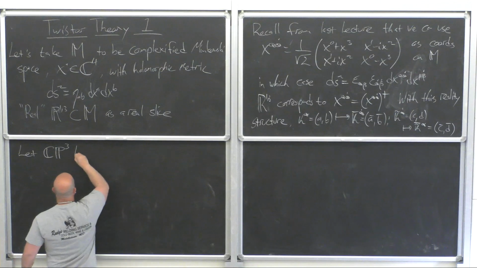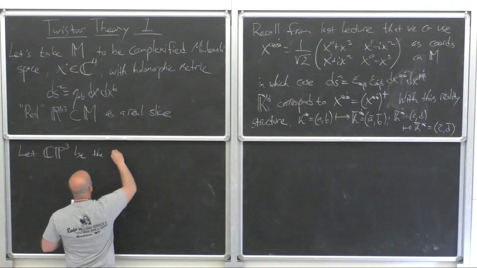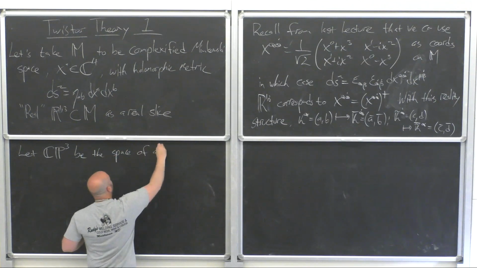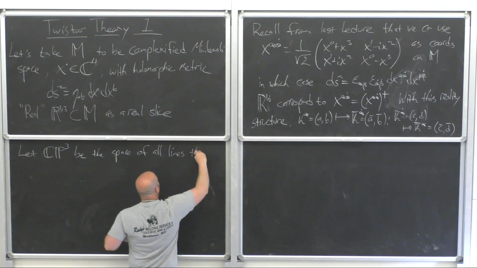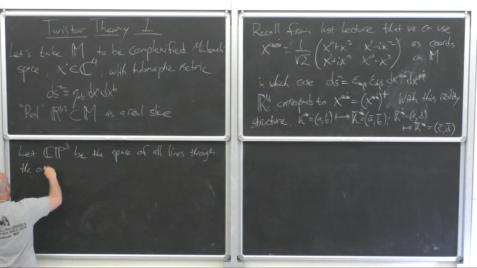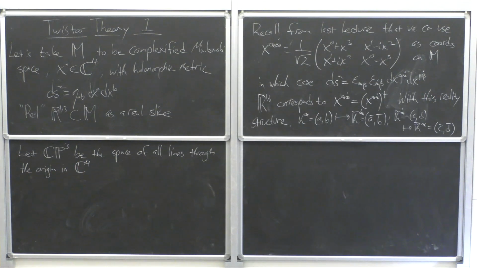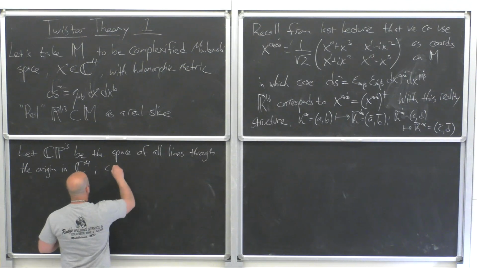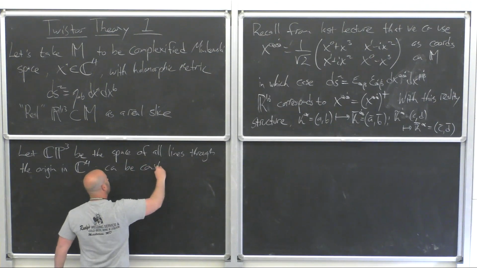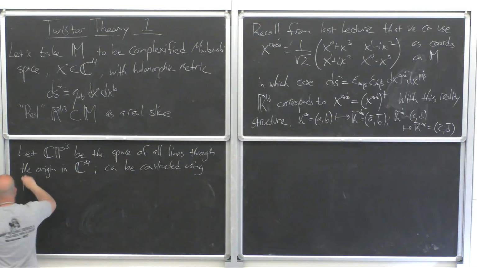This is defined in abstract terms as the space of all complex lines through the origin in C4, right? But just like with CP1, there's a kind of nice intuitive hands-on definition, which is just in terms of homogeneous coordinates. This can be constructed using homogeneous coordinates.